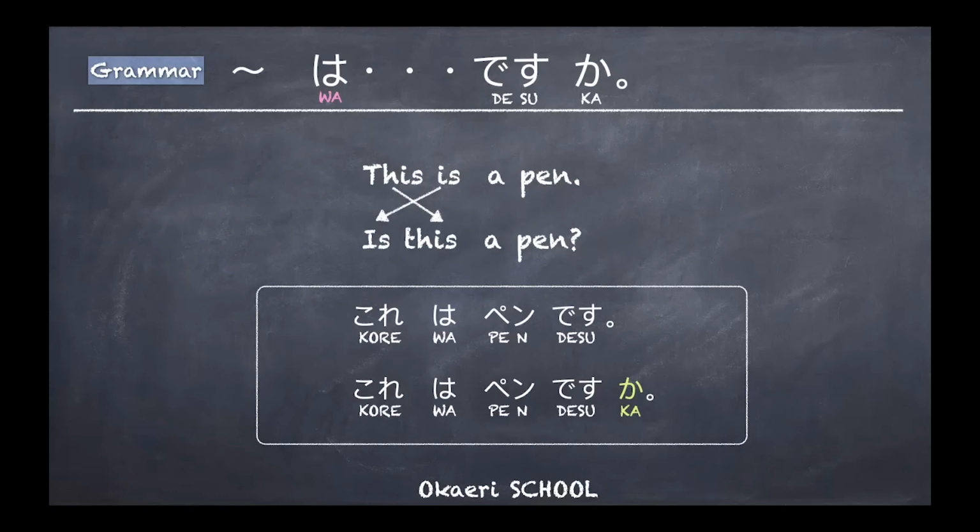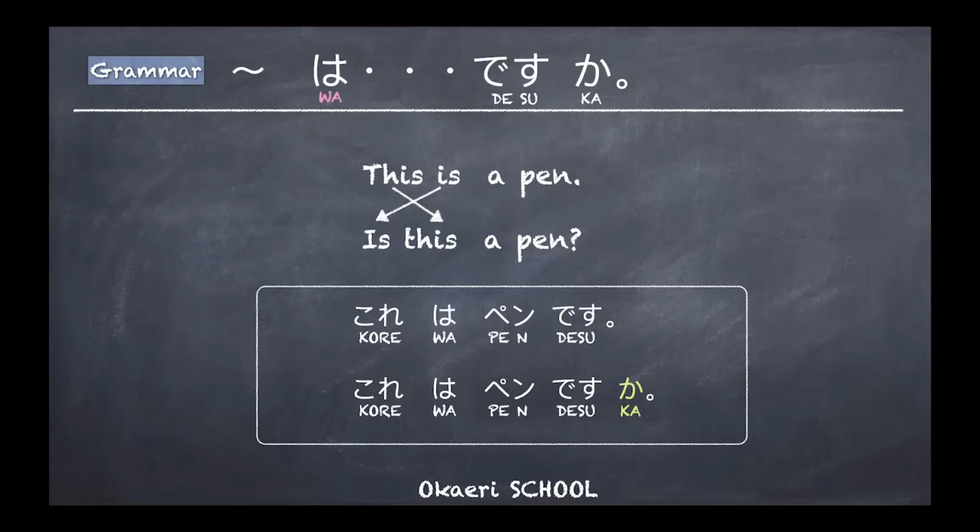So you can't really find question marks in the sentences, for example, in textbooks or traditional documents. But when you find ka, you can say, right, that's a question. I mean, not always, but we usually put ka at the end of sentences.